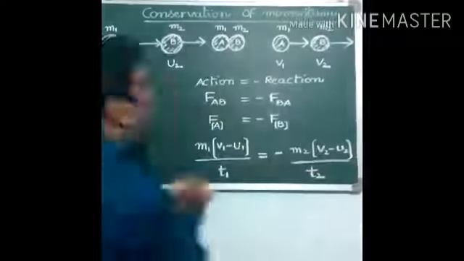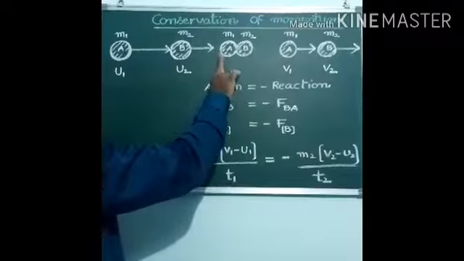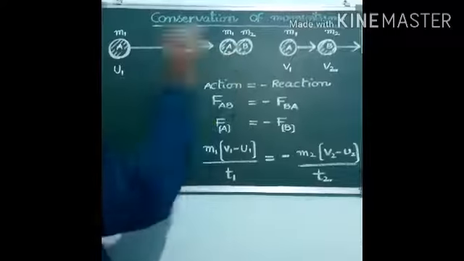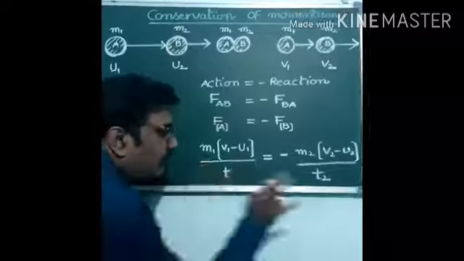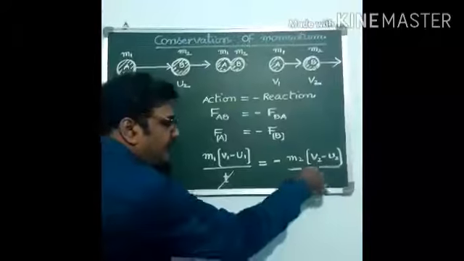Then one thing you have to keep in mind: the force on A from B and on B from A act for the same time. So t1 equal to t, t2 equal to t. Now in this equation, t cancels.